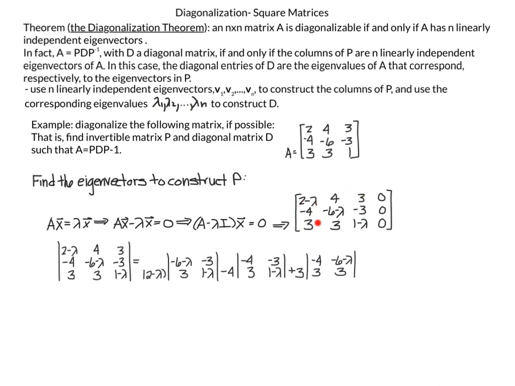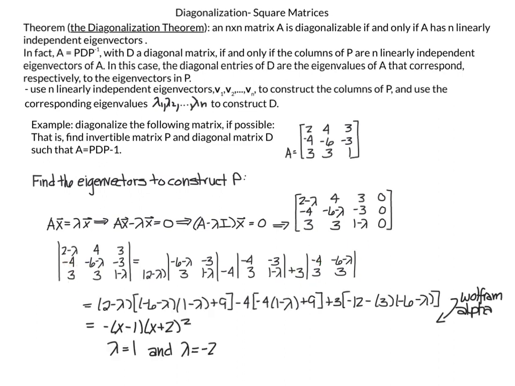To take the determinant of this part, not the augmented matrix, but this part of the matrix, I have that done here. So I have my 2 minus lambda times the determinant of -6 minus lambda, 3, -3, 1 minus lambda. Then I have my 4, minus 4, times the determinant of -4, 3, 3, 1 minus lambda, and then finally 3 times the determinant of -4, -6 minus lambda, 3, -3.